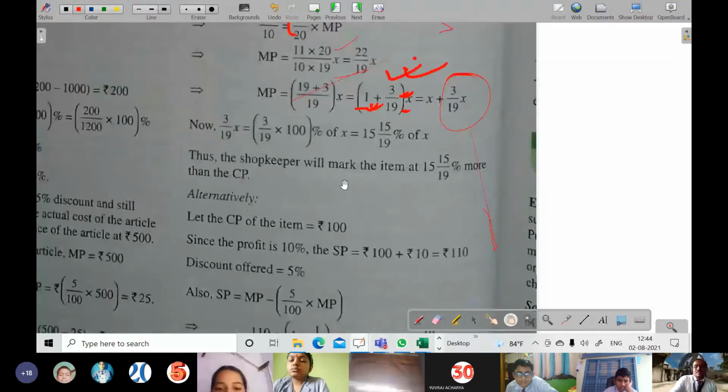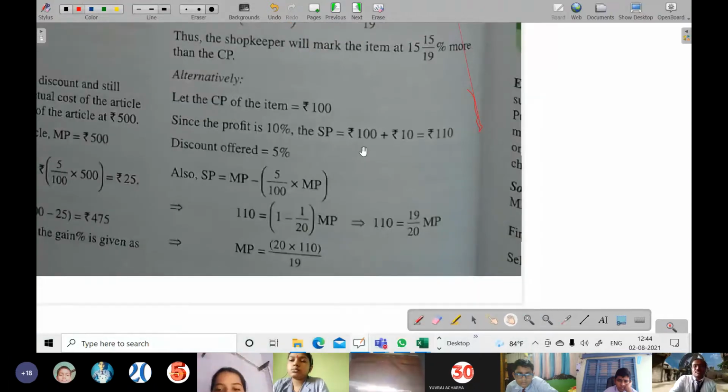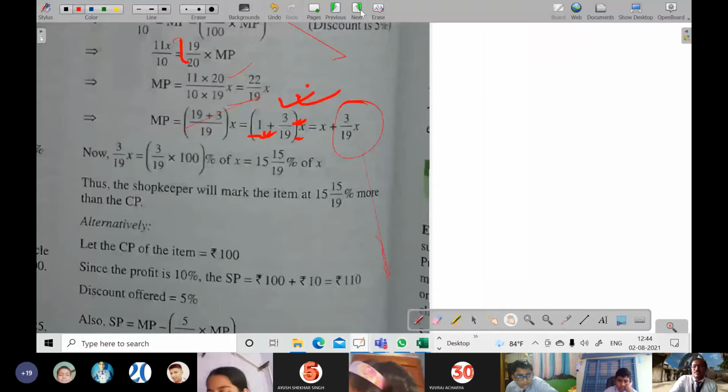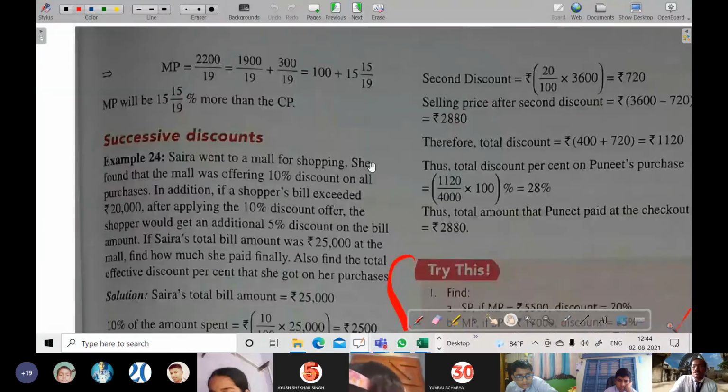In the same way, if you see, its alternative method has also been explained. That is, by assuming the CP as 100, then SP will become 10% more, because 10% profit he is getting. So 100 plus 10% of 100 is 10 itself, so 110. Discounted 5%, so MP minus 5% of MP. That means it will become 19 by 20 MP, and it was 110. So when it comes to this side, it will become 110 into 20 by 19. And 110 into 20 by 19 becomes 2200 by 19.